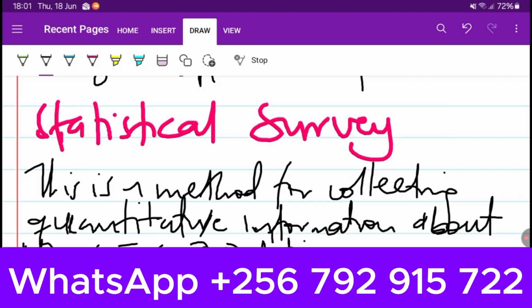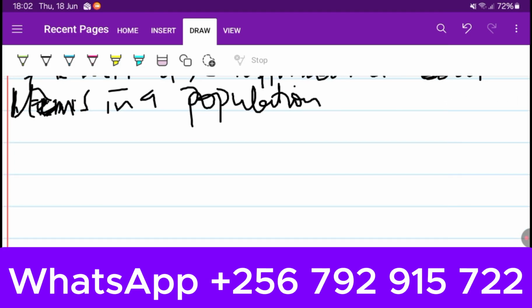So we have seen most of those things happening. So it all depends on what you are trying to look at. But now I want us to give just 2 or 3 advantages of statistical survey. So let's look at the advantages first.